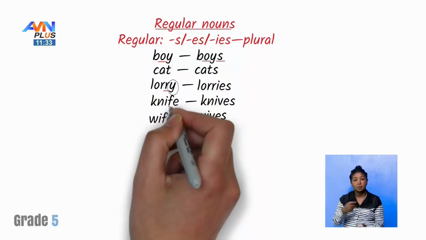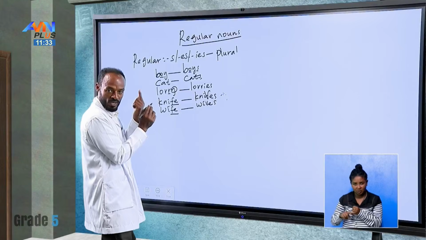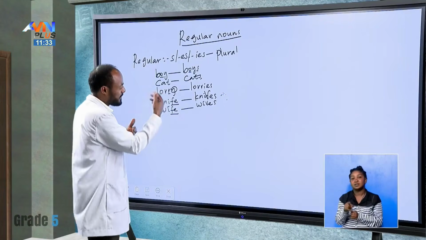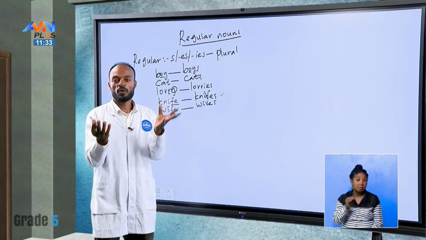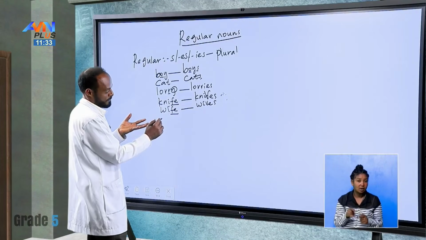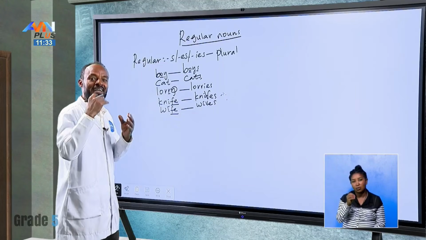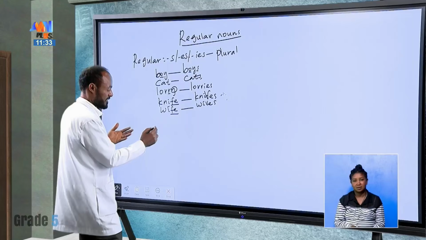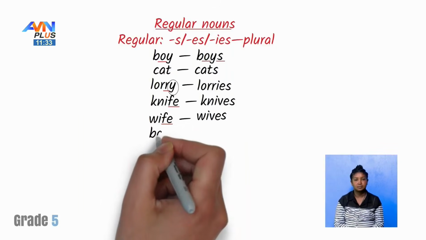Because it is ended in F sound. What about if it is ended in another letter, maybe S or O or X, what will be there? Yes, if it is X, box.